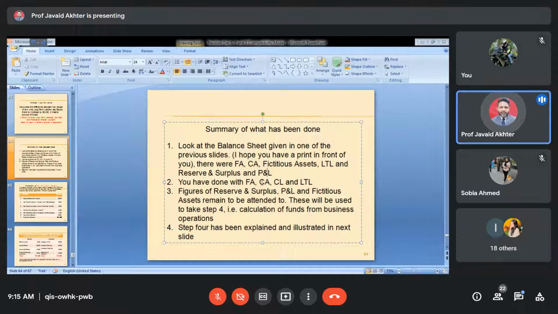Now, if you take current assets and current liabilities, you have done working capital management, or changes in working capital or funds from working capital, increase or decrease, source or application. Then you do fixed assets, then long-term liabilities. You can do in any order. It is not necessary that you first start with working capital only. First you can do some steps related to long-term liability. You can do fixed assets, anyway you can do. Or you can start with profit and loss.